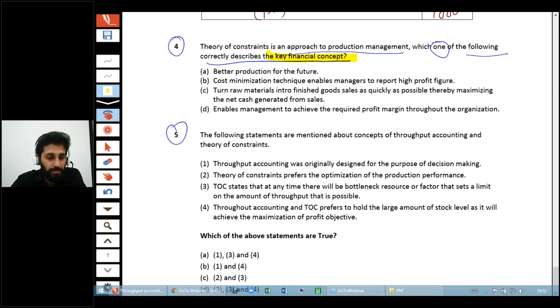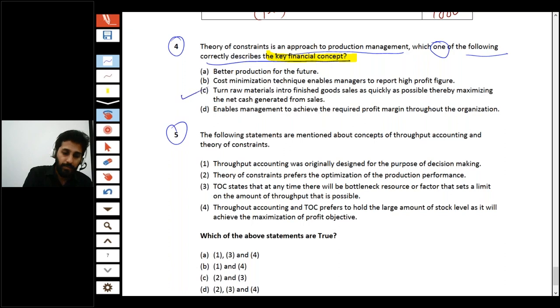Key financial concept. Focus on the financial concept. And the key financial concept is C.